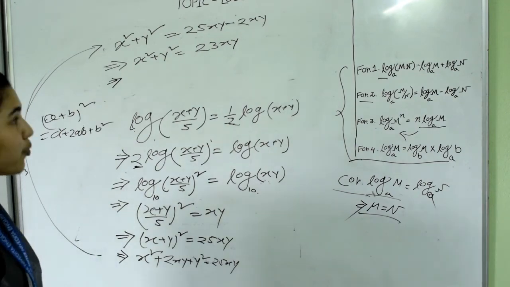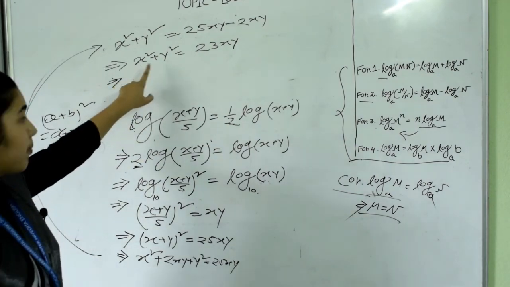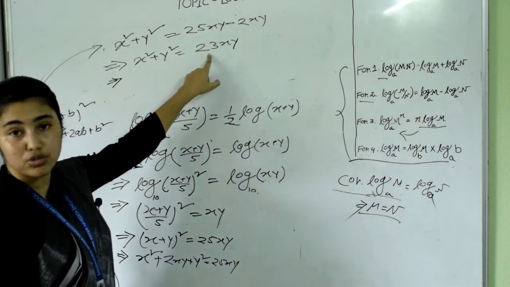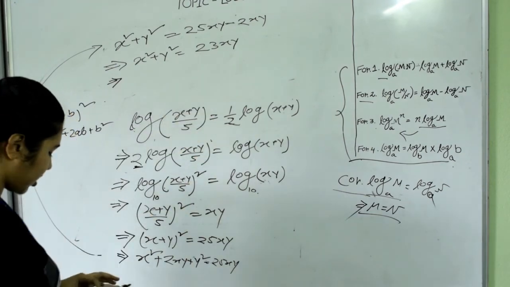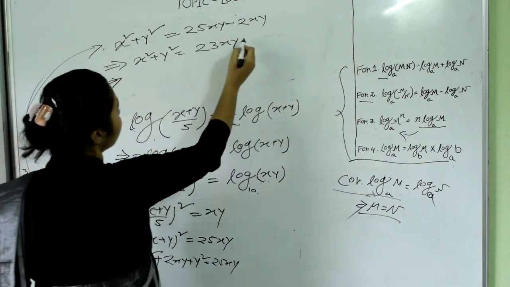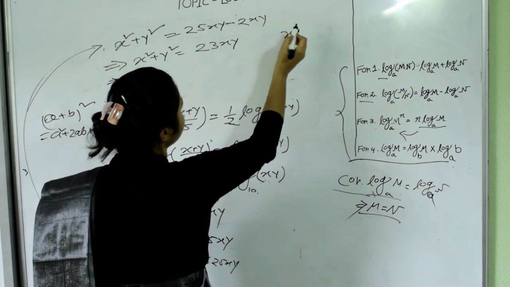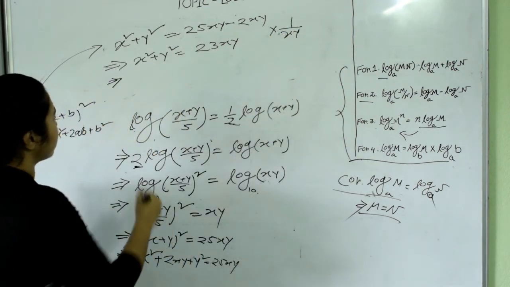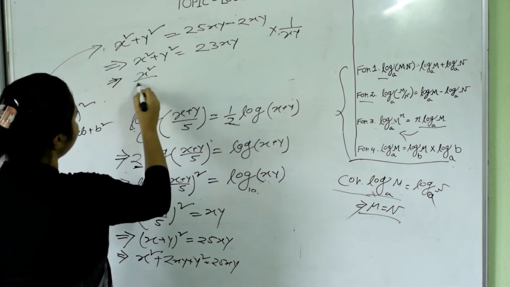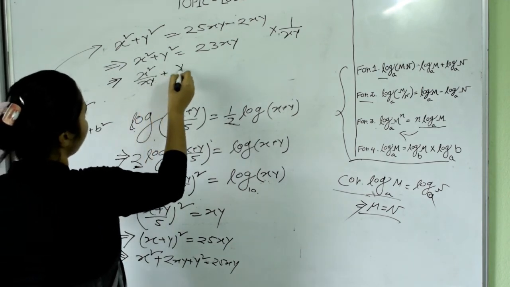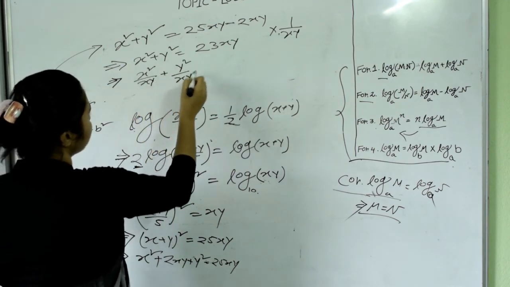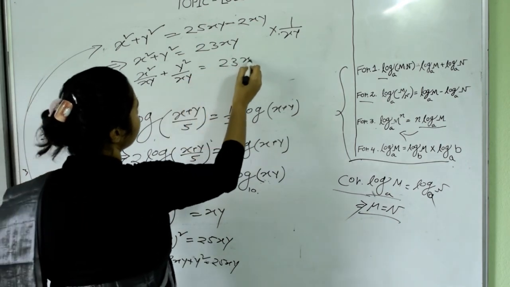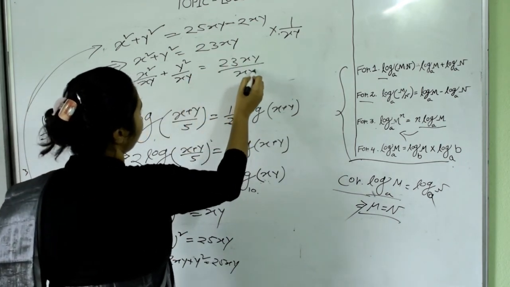Now we have to prove x divided by y plus y divided by x is equal to only 23. So just divide both sides by xy. Divide, that means multiply both sides by 1 by xy. So x square divided by xy plus y square divided by xy is equal to 23xy divided by xy.